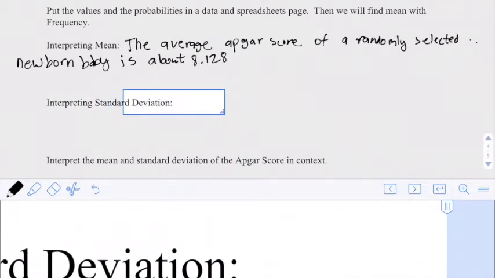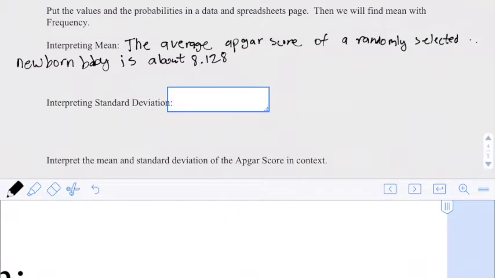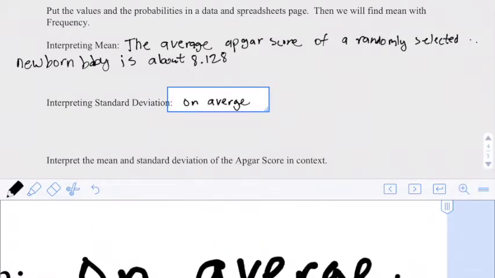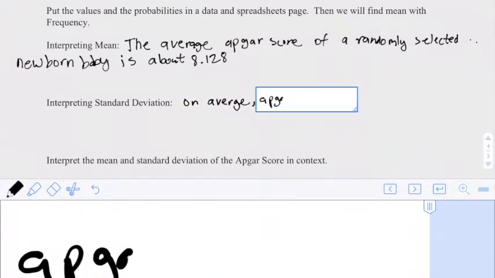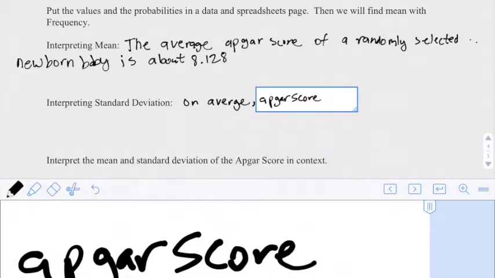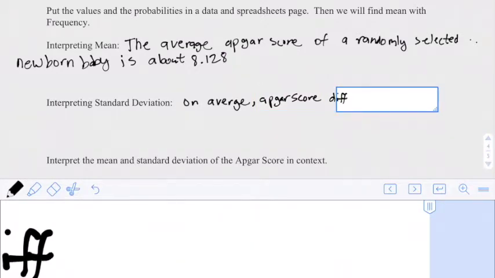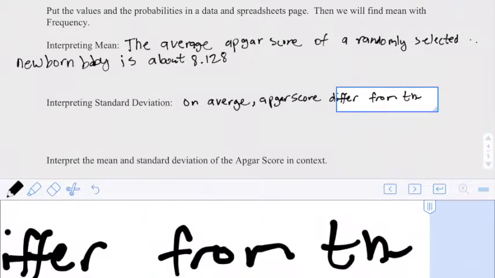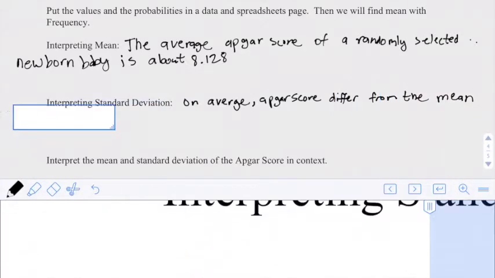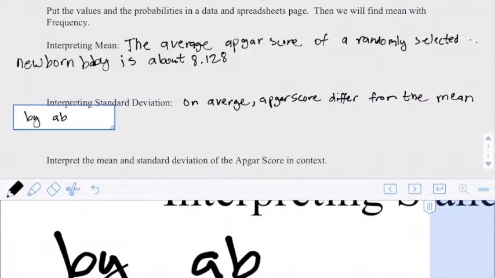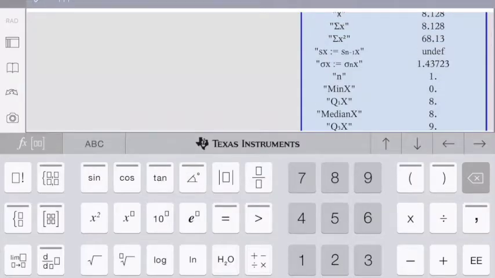Interpreting the standard deviation. Well, we've done some interpreting standard deviation before. We could say, on average, APGAR scores differ from the mean by about, or you could say approximately, but we use our standard deviation.